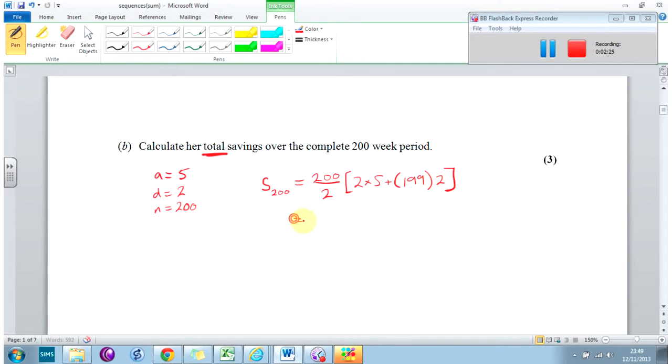And then we just evaluate that. 200 over 2 is obviously 100. 2 times 5 is 10, plus 398. And that is 100 times 408, which is 40800 pence. There we go. Easy marks, isn't it?